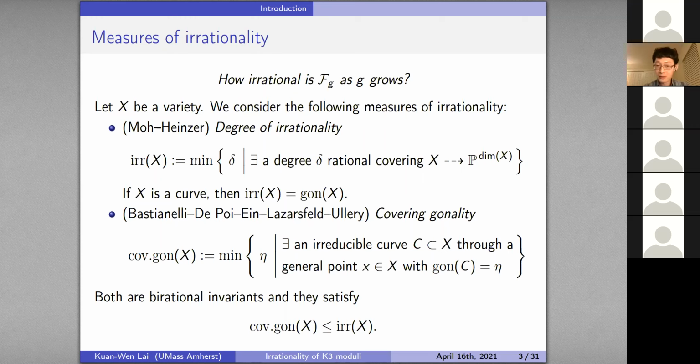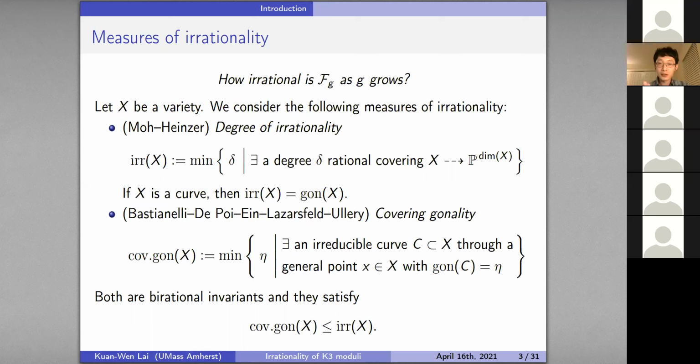So in particular, the covering gonality of a variety is less than or equal to its degree of irrationality. This tells us that if we can bound the degree of irrationality, then we'll also bound the covering gonality.